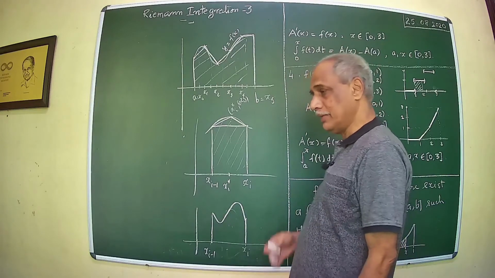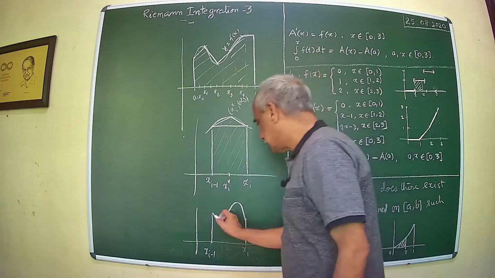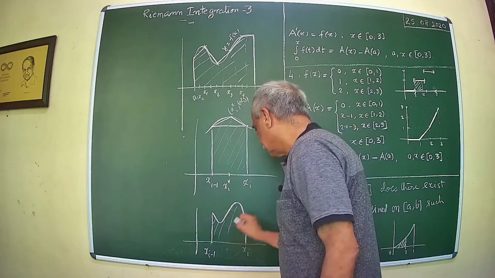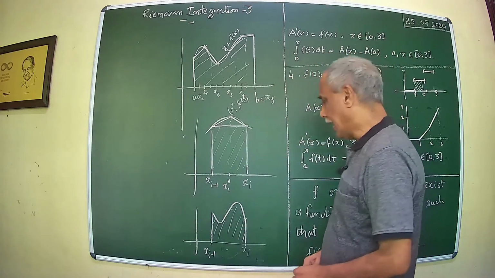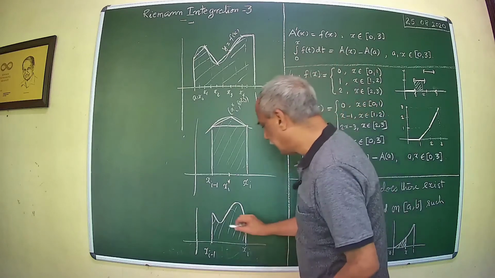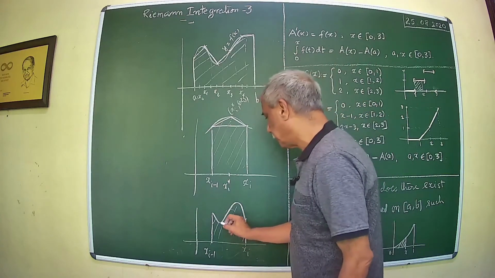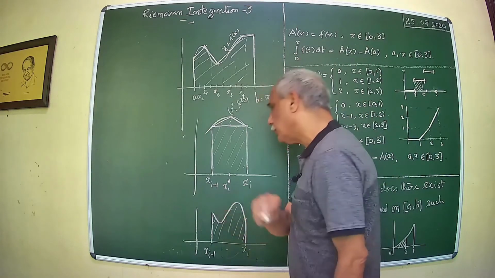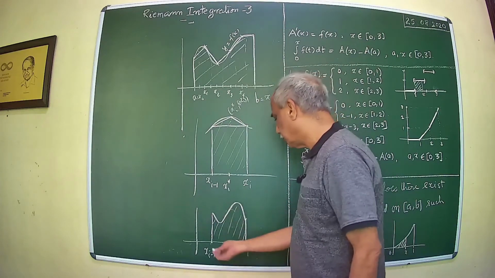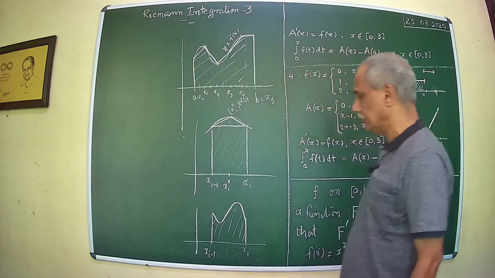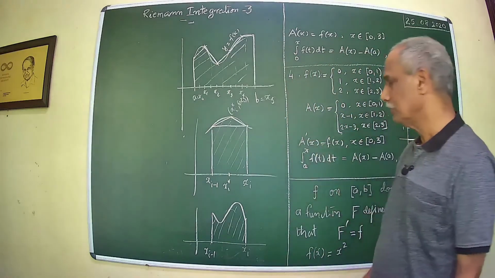What do I mean by below? This is the area that you have to compute. And what we do is take a lower bound of f(x) on the interval x(i-1) to x(i), with some conditions on f.